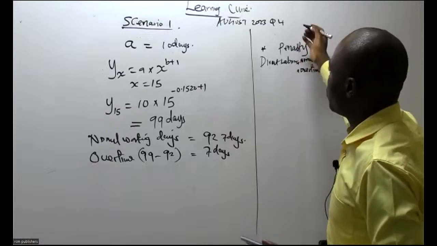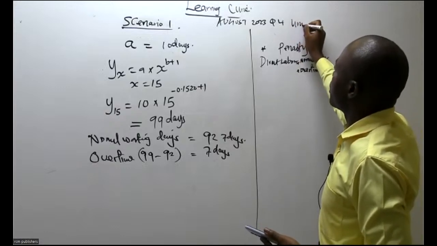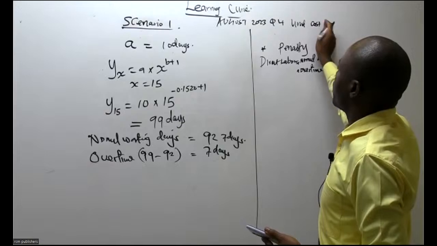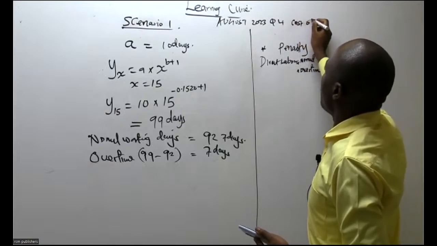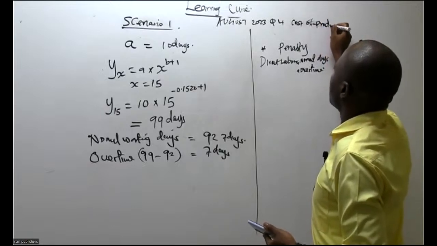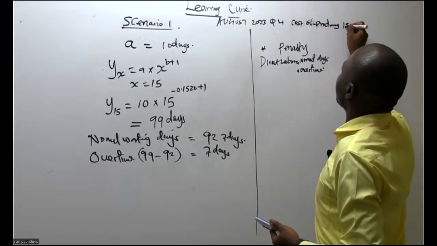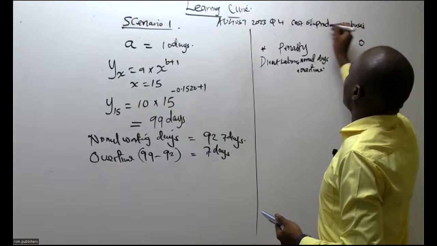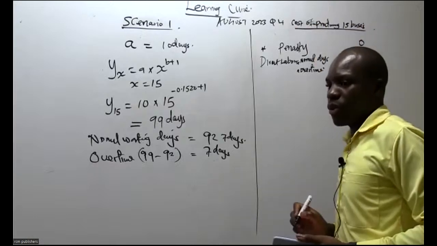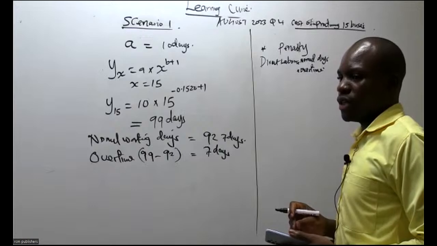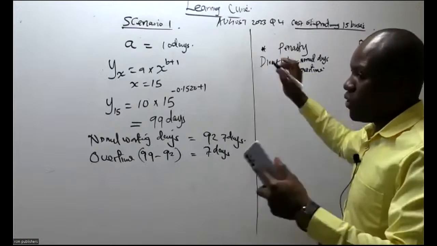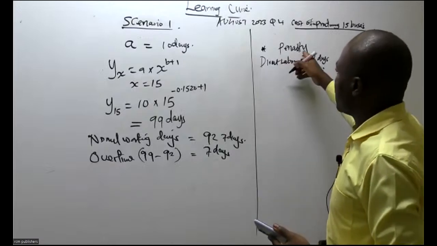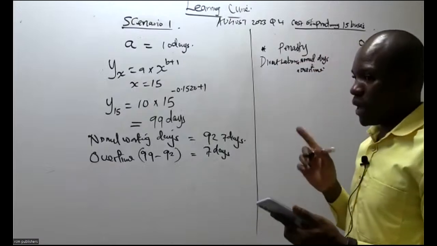Basically, our interest here is to get the cost of producing 15 buses. Tunaelewana hapo? The cost of producing 15 buses. They have decided to produce all of them within the time allowed. So the penalty will be 0 because no bus will be pending.